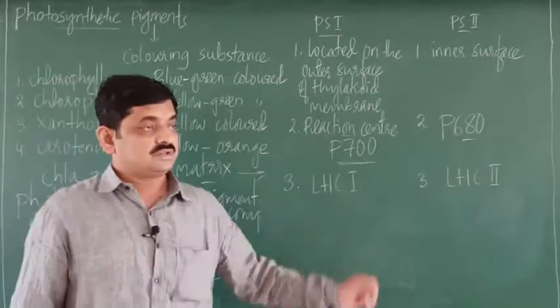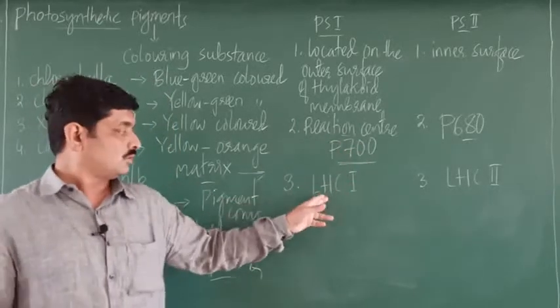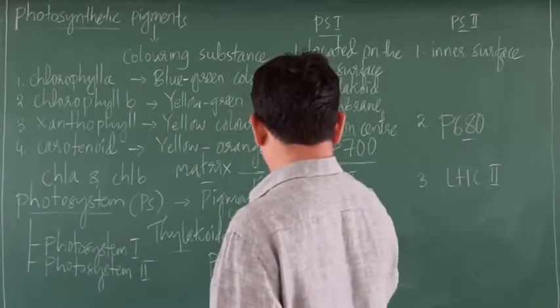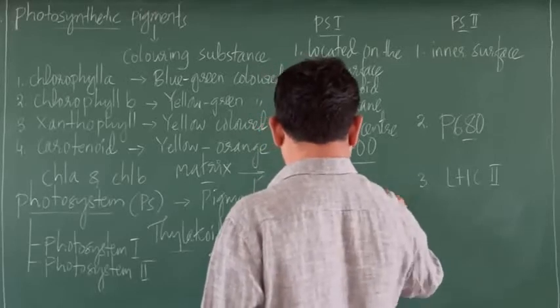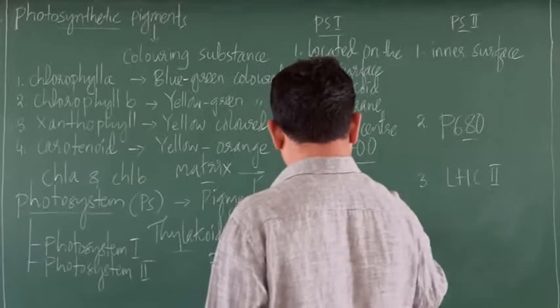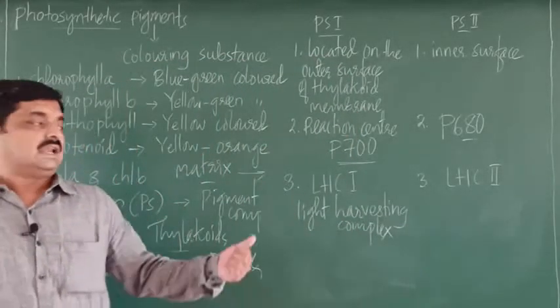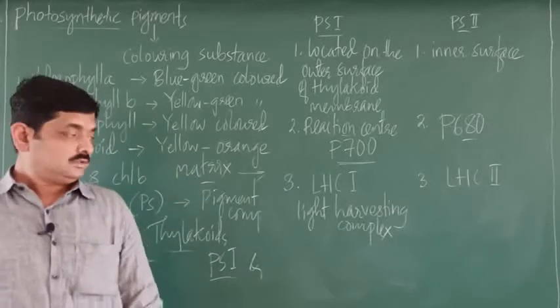So photosystem 1 has LHC1, it has LHC2. What is this LHC? It is the light harvesting complex.